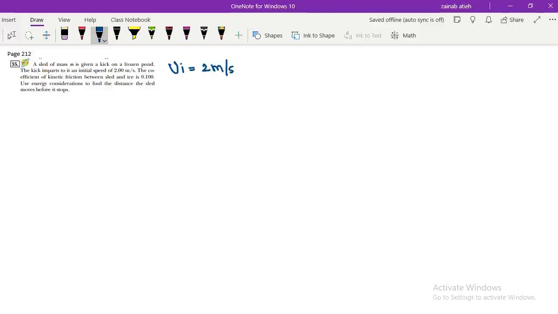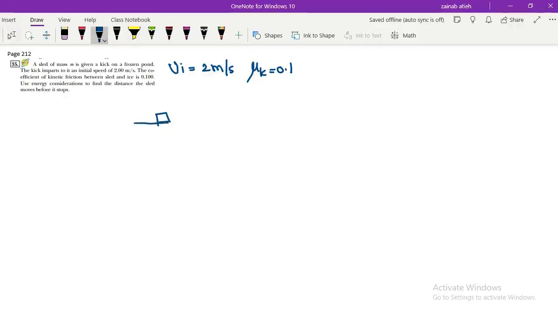The coefficient of kinetic friction between the sled and ice is 0.1, so mu k is equal to 0.1. Use energy considerations to find the distance the sled moves before it stops. So we have to find the distance that this sled moves on ice.